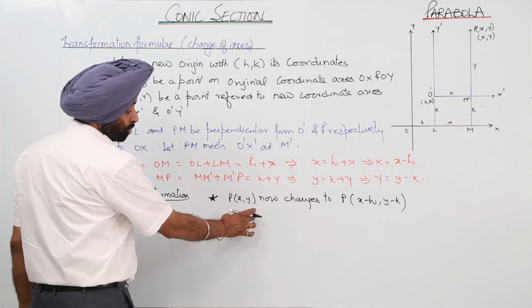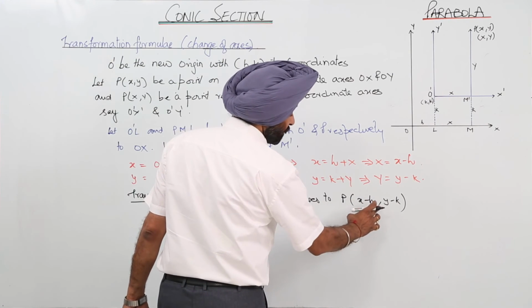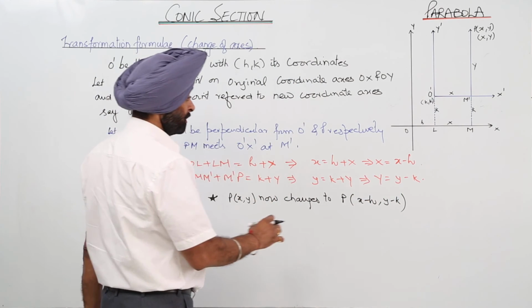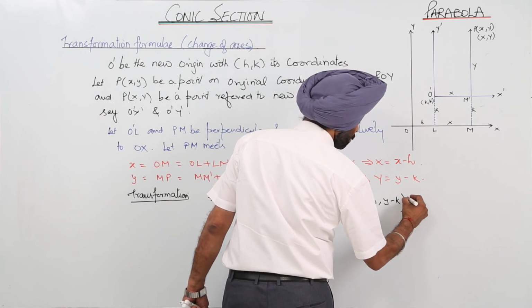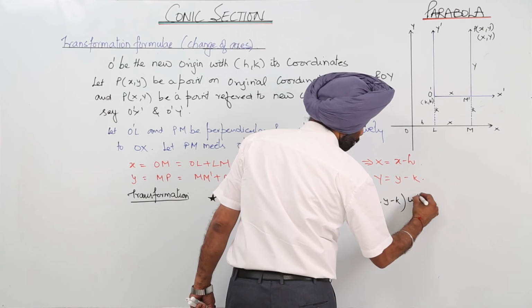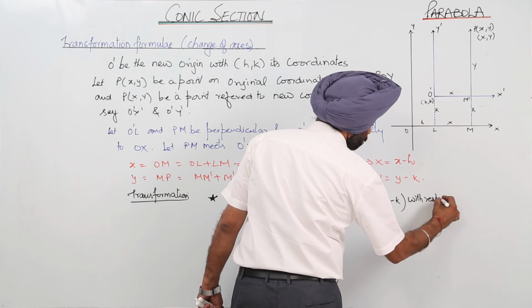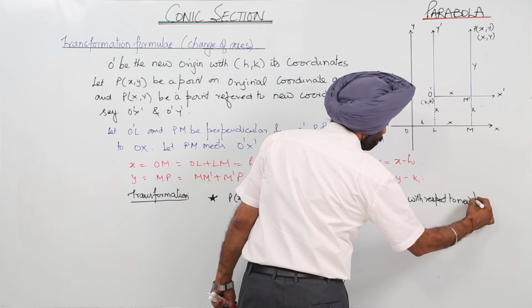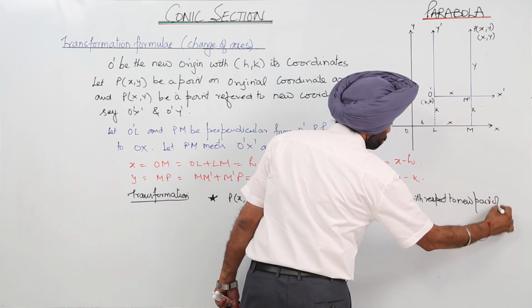So P x comma y now changes to P x minus h and y minus k with respect to the new pair of axes.